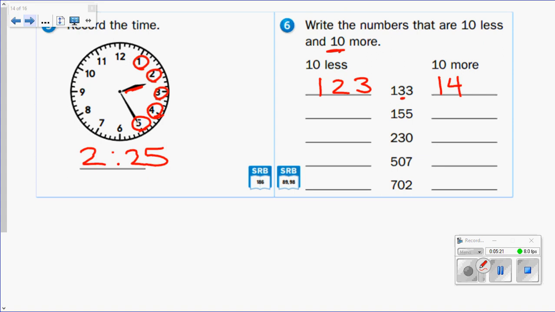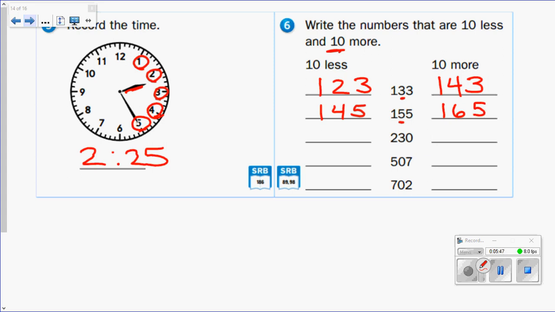I'm going to go 1 more 10, and my 1 stays the same. For 155, there's your tens place value. The 100 stays the same. I'm going to go back 1 ten, and the 1 stays the same. The 100 stays the same. I'm going to add 1 ten, and the 1 stays the same.